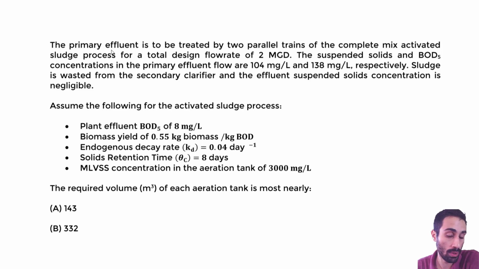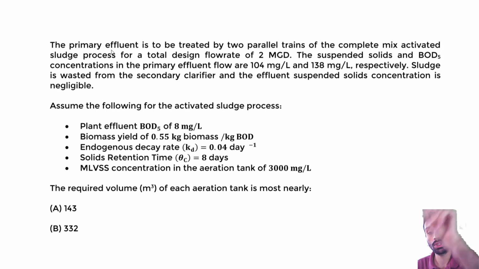Here we're told to assume the following for the activated sludge process. The plant effluent BOD5 is 8 milligram per liter. The biomass yield is 0.55 kilogram of biomass per kilogram of BOD. The endogenous decay rate, K sub D, is 0.04 per day, or day to the -1.